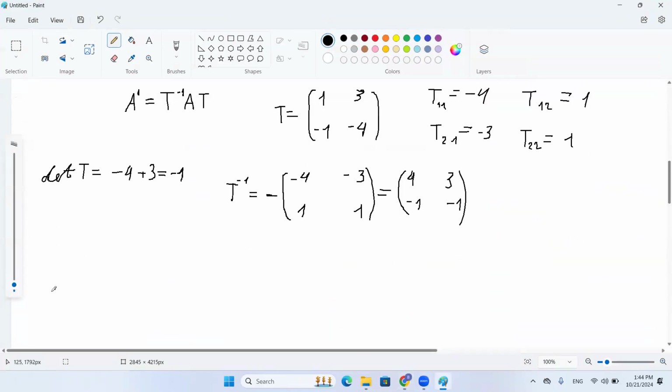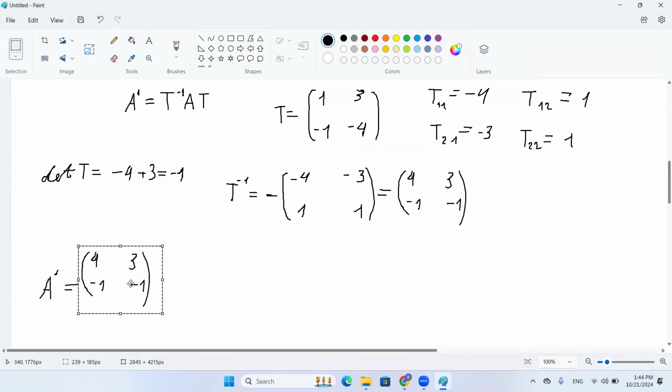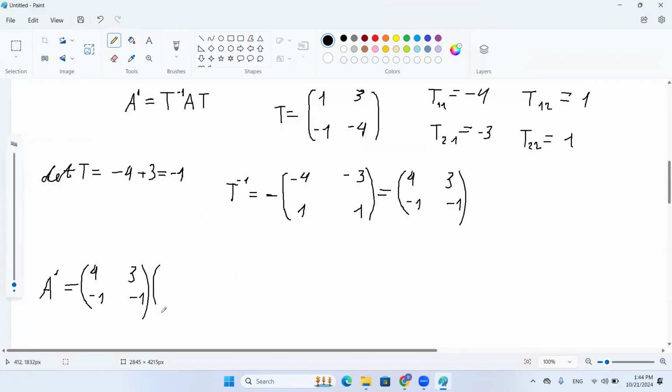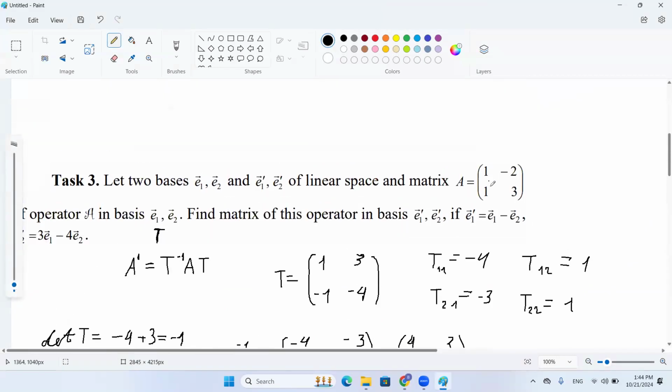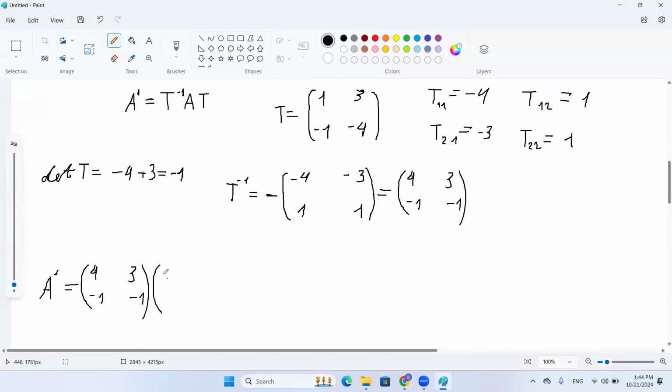So now let's multiply our matrices. So A prime equals this matrix: 1, 1, -2, 3.